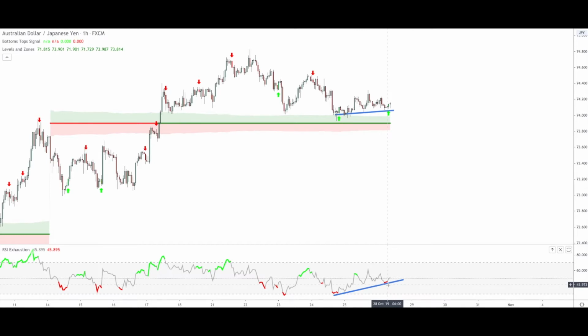The second rule is to have the RSI exhausted, which means that it's colored red. As you can see here, at the same time we have this bottom, we also have the RSI exhausted. The same applies to the previous bottom here. So the RSI is exhausted, and the second rule is checked as well.